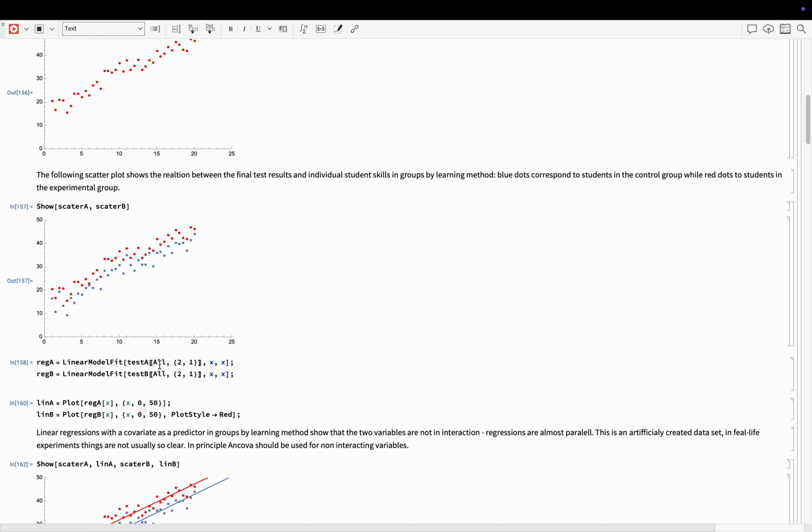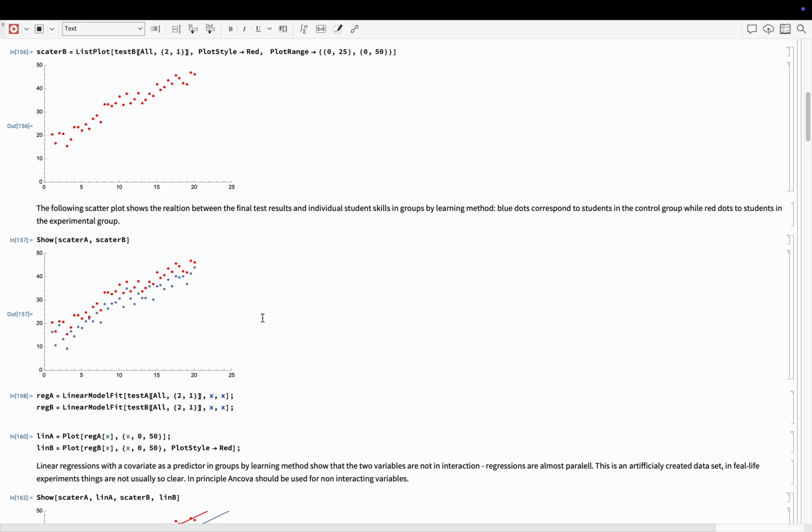When we put both scatter plots on one picture, we see that in general, this linear dependence is still here.